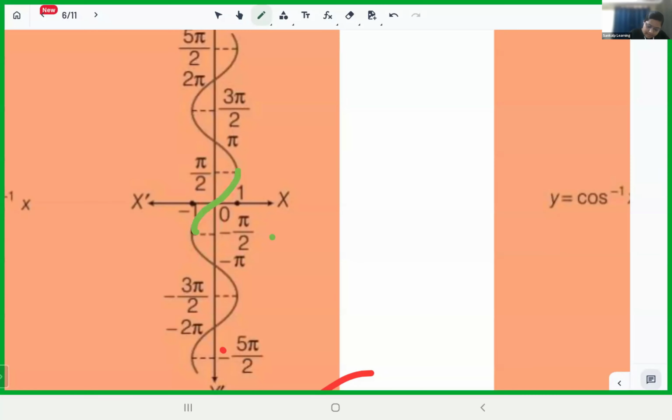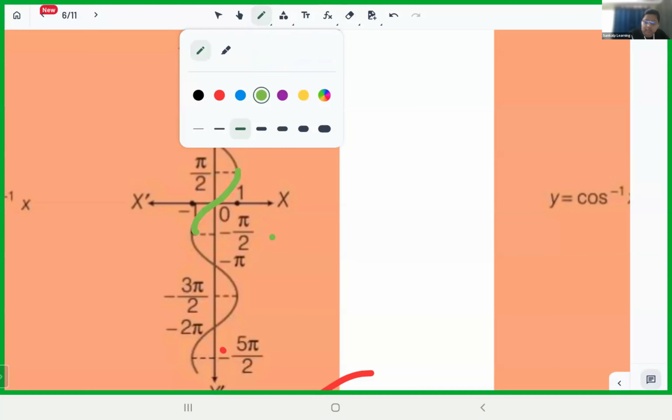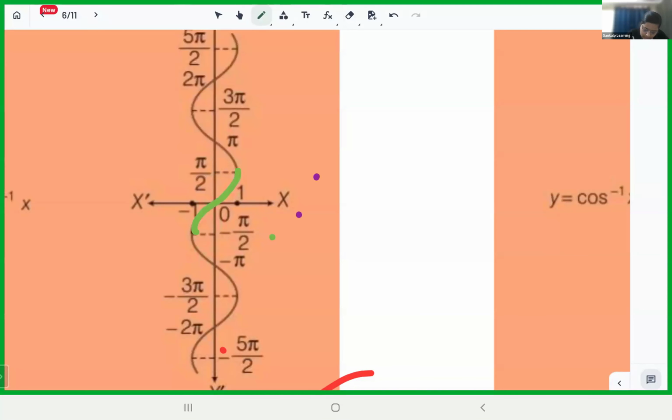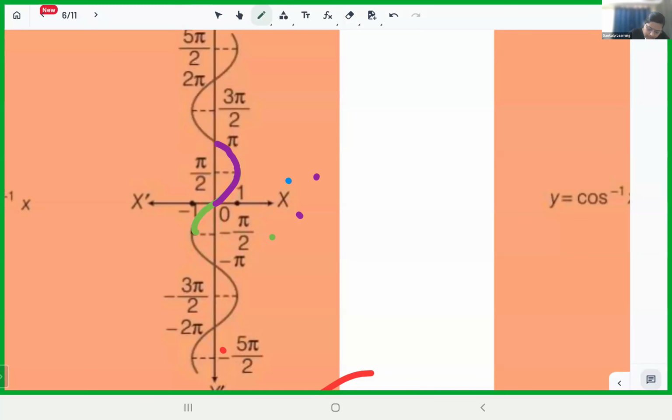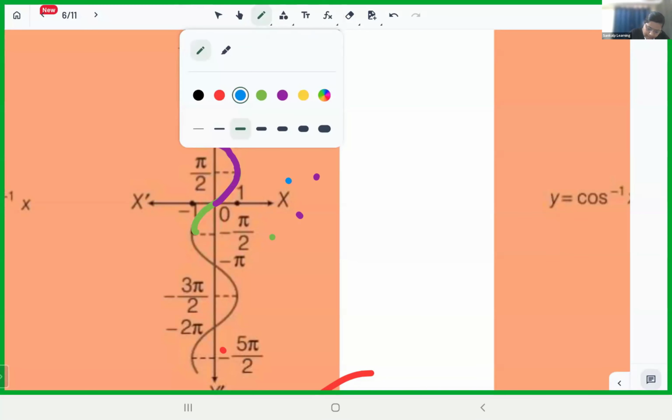Similarly, we can find other intervals also, isn't it? If you take the first option, 0 to pi, this starts from 0 and extends up to pi. Can you say that it is invertible in that particular interval? No. Why? Because it is not 1-1.